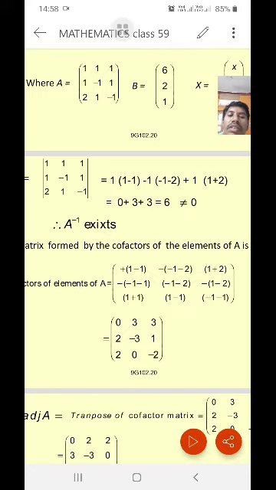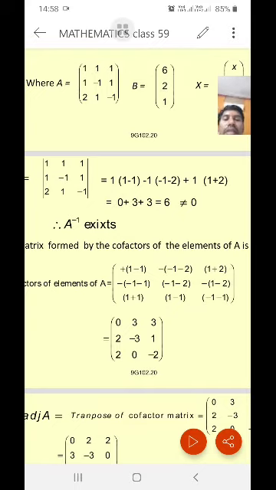Minus 0 is equal to 0, so 0 here. Next, the last element, that is plus of: third row, third column elements we have to remove, and the determinant of the remaining 4 elements is minus 1 minus 1, that is minus 2.